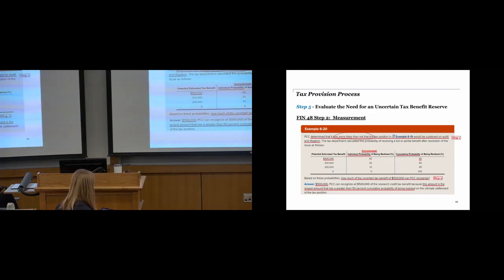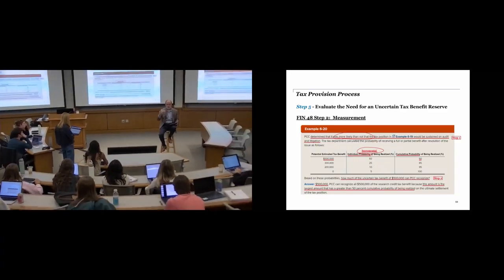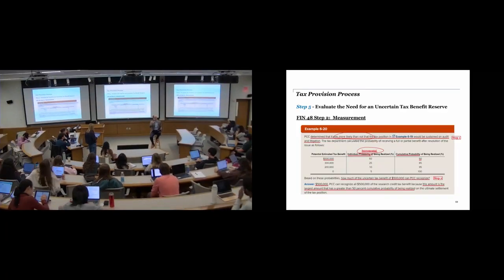Yeah, so I added the incremental here because this is a credit, right? This is a research credit. So as I start claiming less and less of the credit, you're going to have the government complain less and less, right? So if I'm willing to go down from my opening bid of 500,000, my probability of winning goes up.